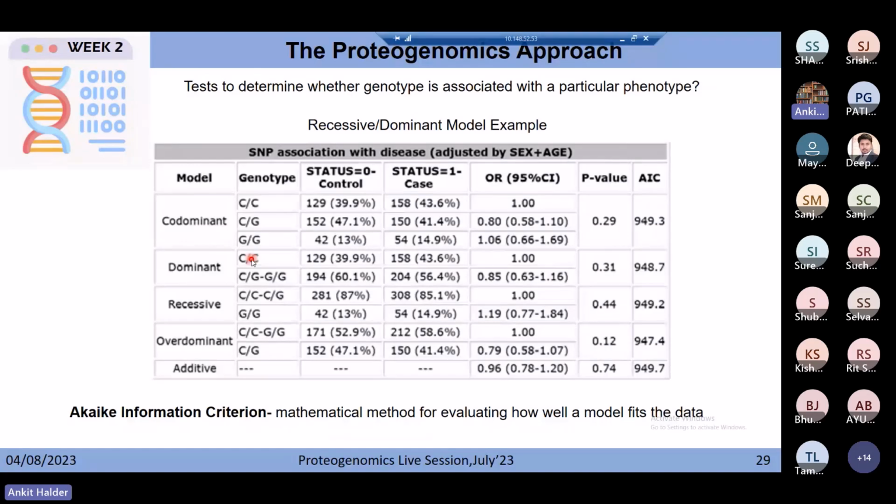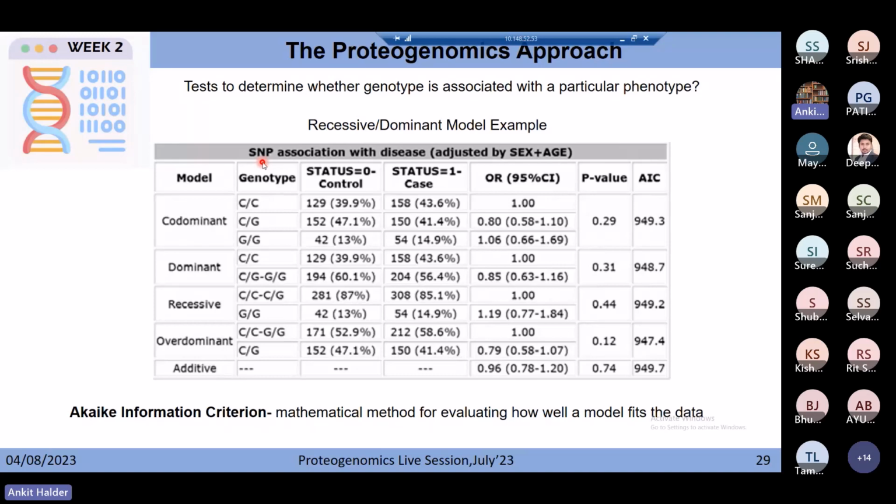So these are SNPs. Now the question is, the association of this SNP with the disease fits into which model? Codominant model, dominant model. How will you understand how well this SNP association is suited to that particular disease? Which model is it: dominant, codominant, recessive, overdominant?